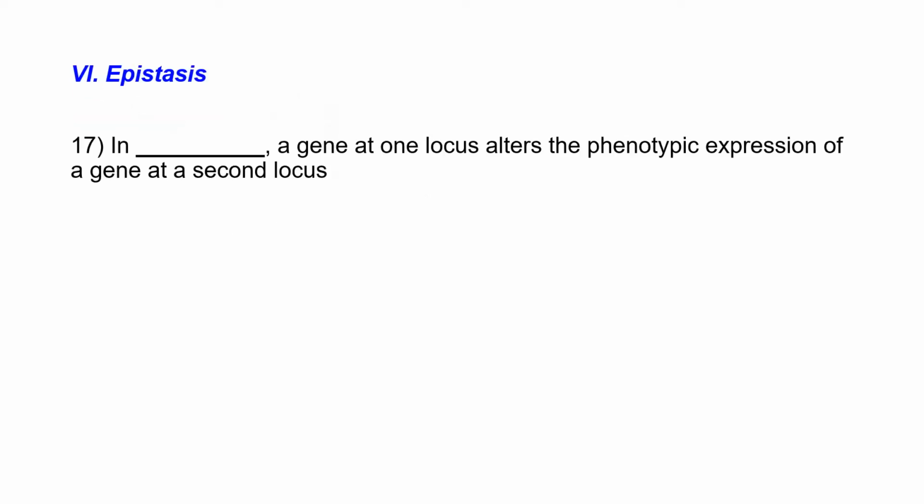Now we're going to talk about epistasis. Epistasis is when a gene at a locus alters the phenotype expression of a second locus. In other words, that is an interaction between gene A and gene B for the production of a phenotype.